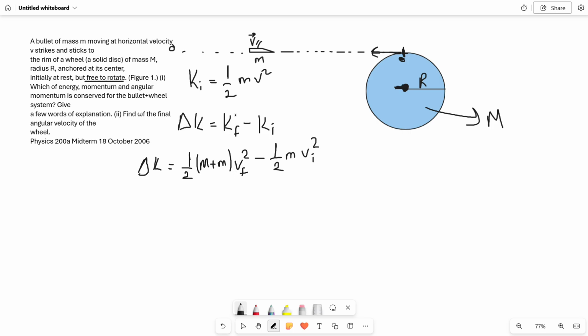That's why the final kinetic energy is less than the initial kinetic energy. This equation shows us the algebraic quantities, and we can say that this is an inelastic collision because the bullet sticks to the wheel, and kinetic energy is lost, converted into heat and sound during the impact.